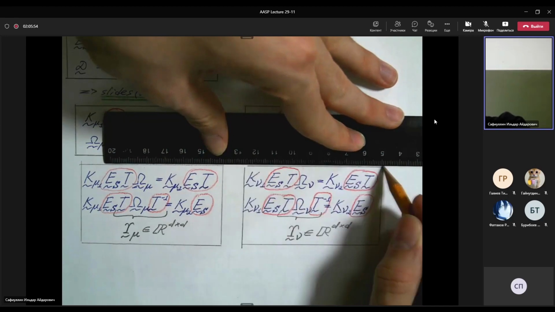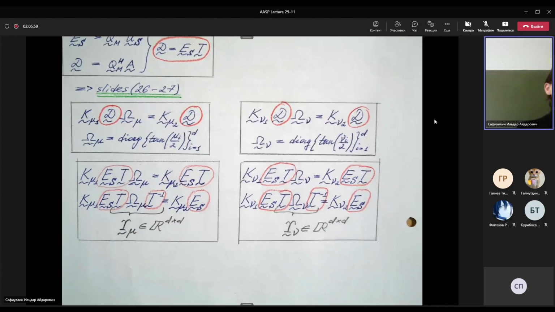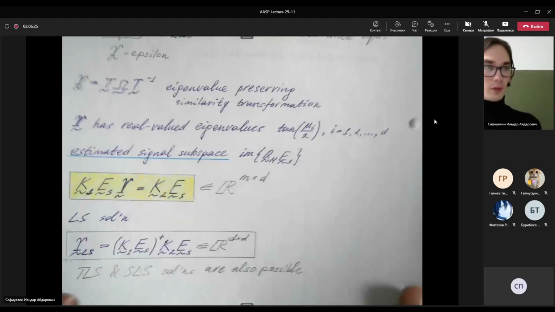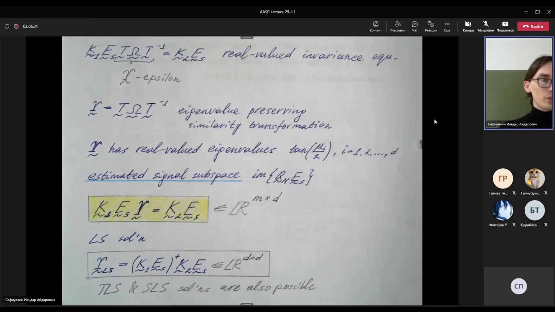And the main question here is the following. If you remember, for the 1D unitary ESPRIT, we have this matrix epsilon, which is an eigenvalue preserving similarity transformation.